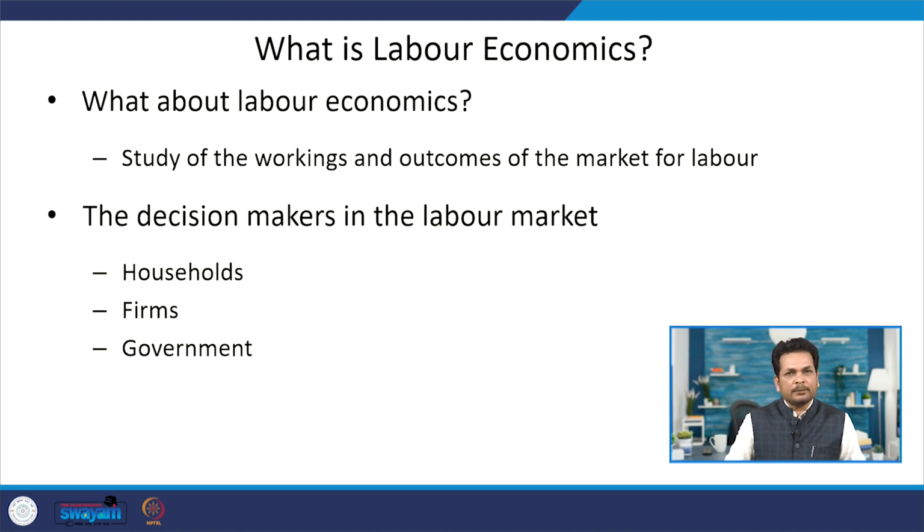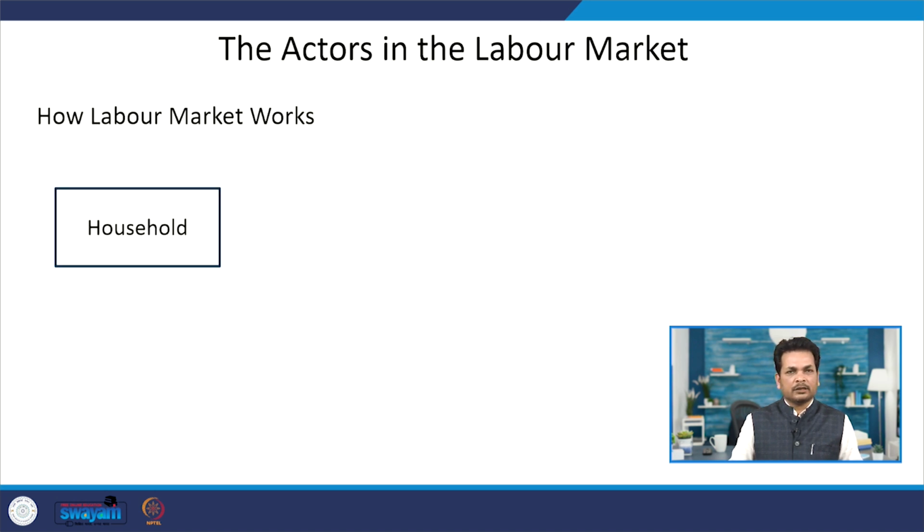The key decision makers in the labor markets are the households, farms, and government. Let us try to understand how the labor market works. These key players take so many decisions when they interact in the labor market.